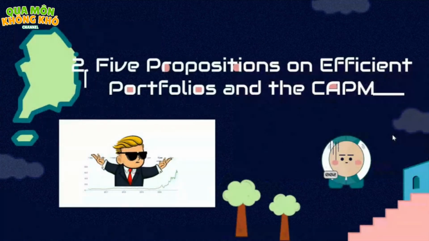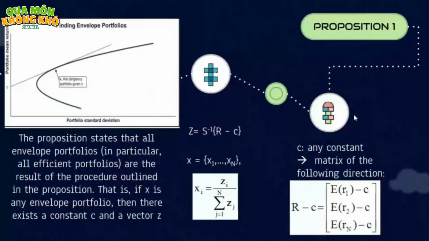We move to the second part: fine propositions on efficient portfolio and the CAPM. Proposition 1. Let C be a constant, and we use the notation ER minus C to denote the following column.